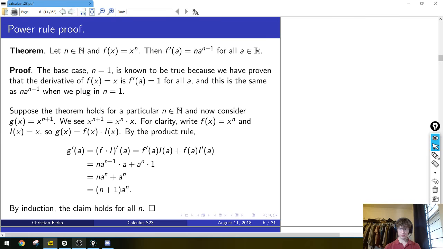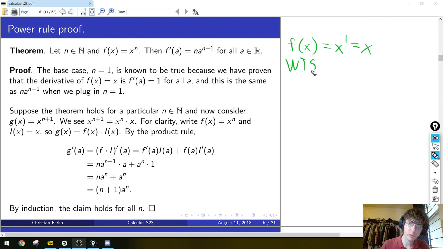Alright, proof by induction. So we do first the base case, n equals 1. I claim we've actually already proved that this is true, because when we plug in n equals 1, the statement that we need to show is that when f of x equals x to the power 1, which is simply x, we want to show that f prime of a equals, well, I just plug n into the formula I'm trying to establish.